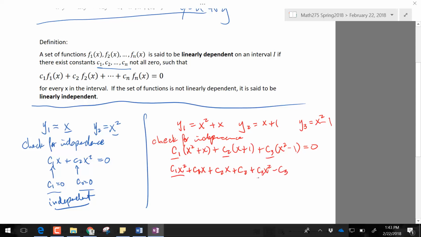Let's combine like terms: (c1 plus c3) x squared plus (c1 plus c2) x plus (c2 minus c3) equal to 0.